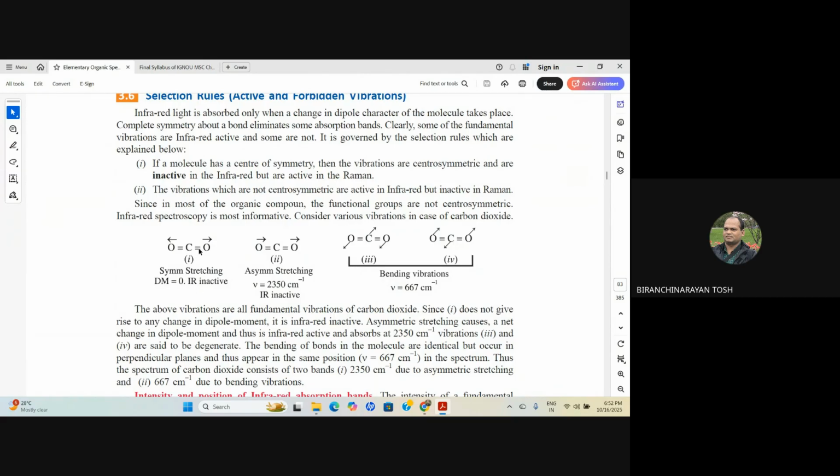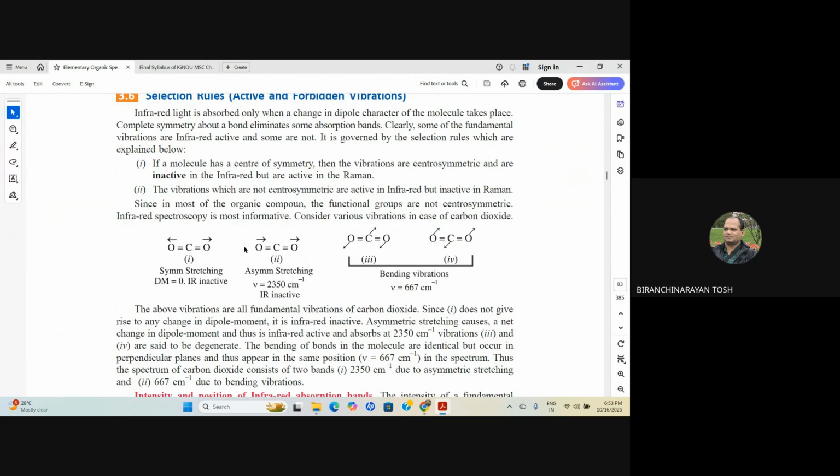If it is symmetrical stretching, it is IR inactive, because a compound which is IR active should be polar. I have already told the selection rule. In this case, the vibration is symmetrical and the compound is non-polar.